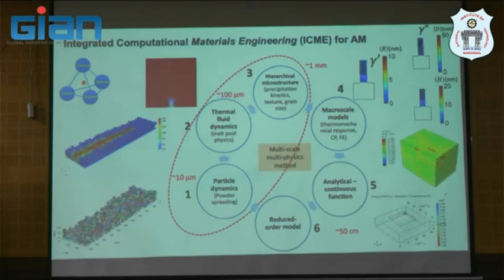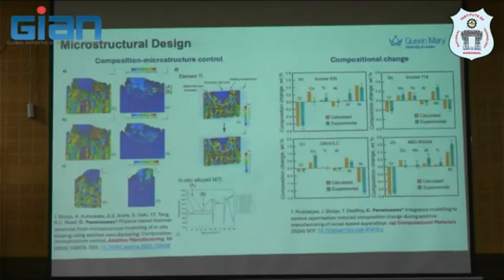And from the aspect of microsegregation, elemental profile, and solute trapping, we believe that may link to the crack susceptibility. That is our hypothesis. And then we simulate the melt pool of 3 nickel-based superalloys and try to link this to the property prediction later.